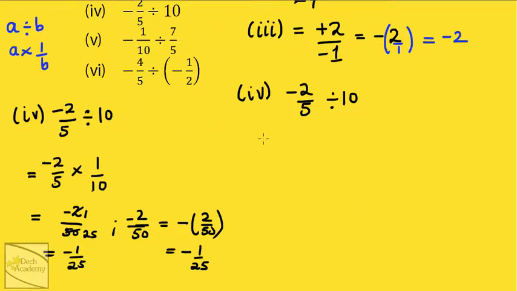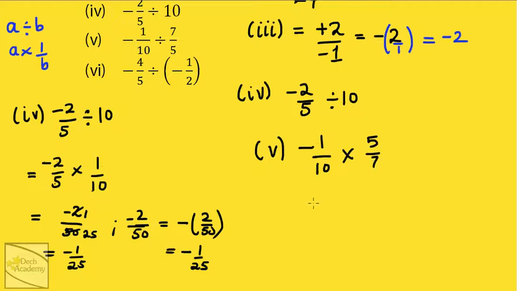Now to part 5. We're asked to divide minus 1 over 10 by 7 over 5. So it's minus 1 over 10. And I'm going to change this division symbol to a multiplication symbol, which means I have to take the reciprocal of 7 over 5, which is 5 over 7.